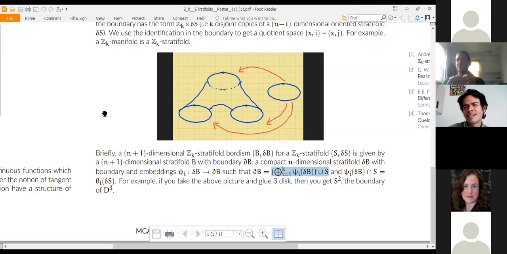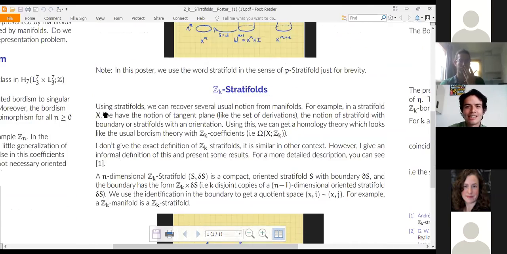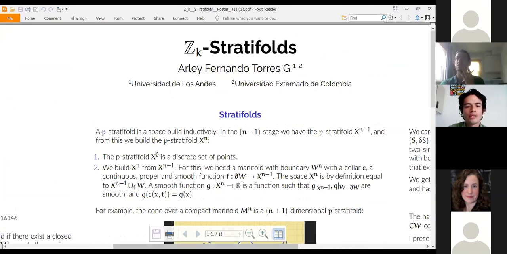But the geometric idea is, I think, clear, and maybe some of you know this kind of construction. And with this, we can do the following.